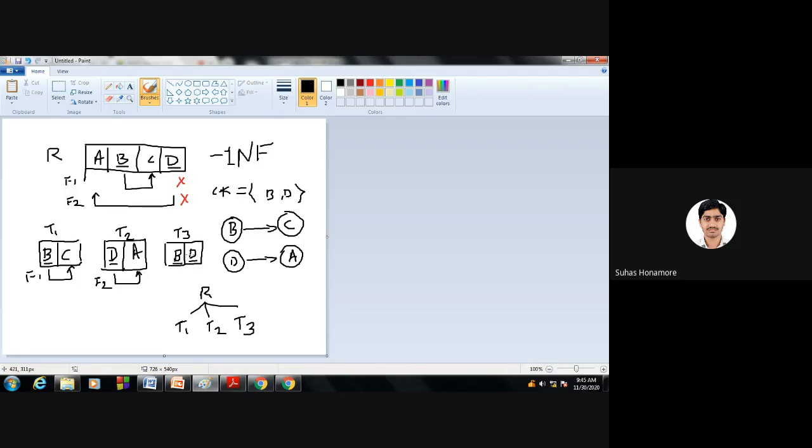For 3NF transitive dependency, if you don't have more than two attributes in a single table, by default transitive dependencies will not come. So this is also in 3NF. R was before in 1NF, and now we decompose it into T1, T2, T3, which is in 3NF. So this is how we derived into 3NF.